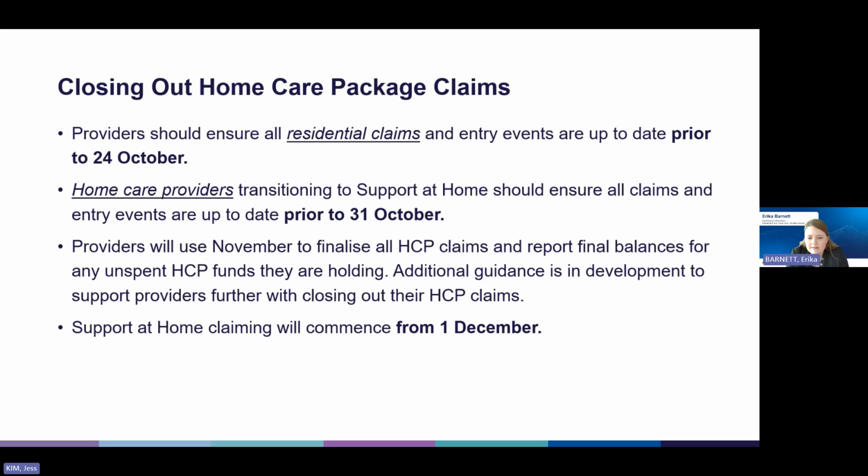So we'll just flag that there's some additional guidance that's in development at the moment for providers to help them closing out their home care package claims. We have got some feedback around some complexities with closing things out and waiting on information for certain clients. So keep an eye out for some updated guidance that will be coming out on that soon.